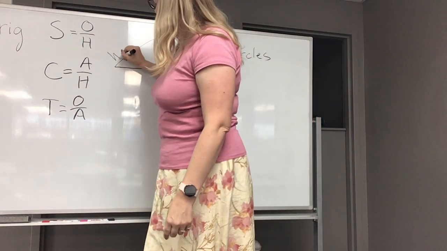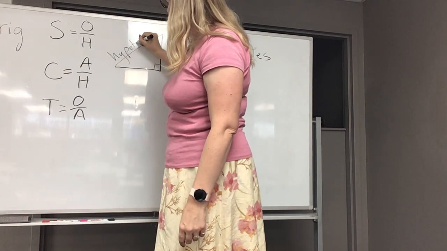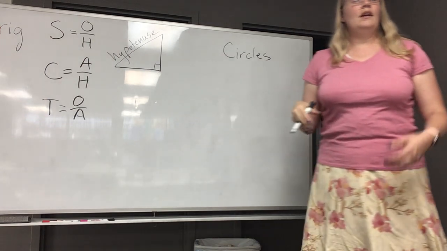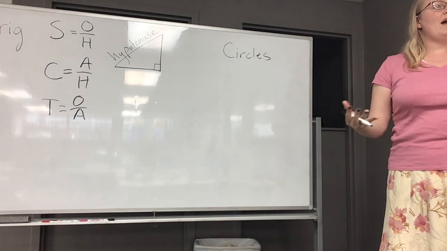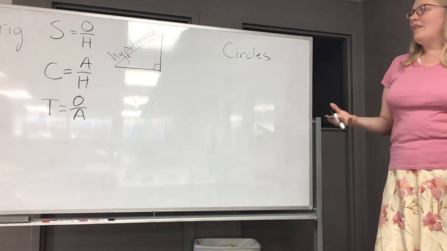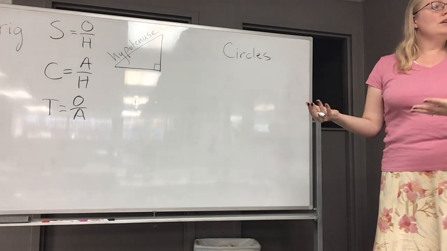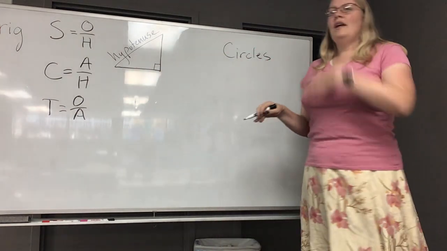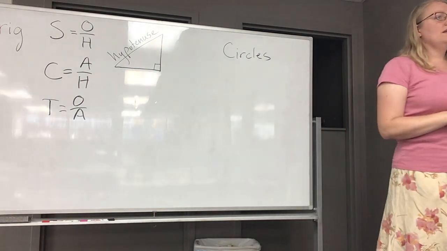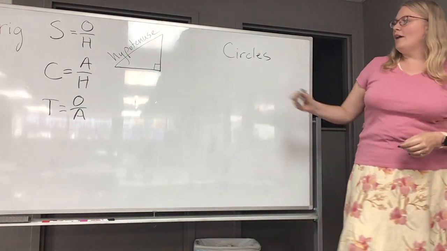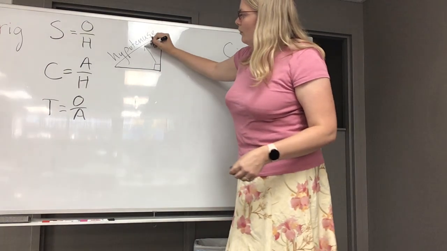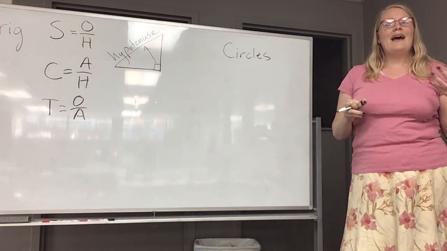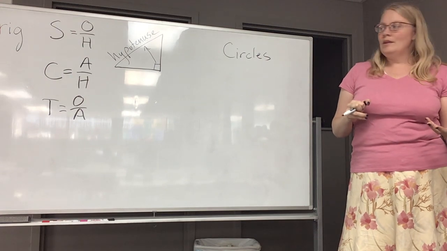Hypotenuse is always the longest side. It's always the one across from the right angle. Some people say that it's the slanting one. We have our right angle, 90 degrees, and then the hypotenuse is the one that is across from that. But the hypotenuse doesn't change. It's always that longest side.